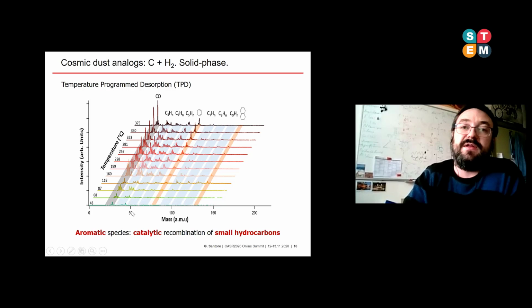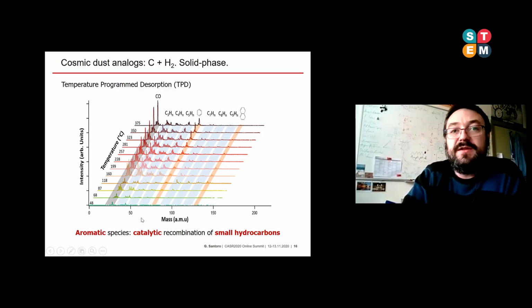For that, the clue that we have that this can be like this is by temperature programmed desorption. What we do is we collect our dust analogs on a surface. In this case, it was gold. Gold is known to have some catalytic activity. Okay, and we warm it up.